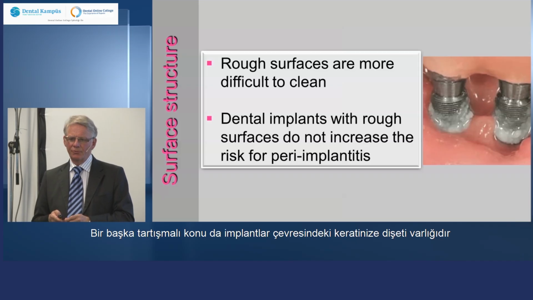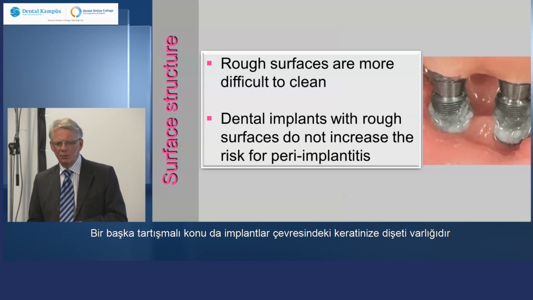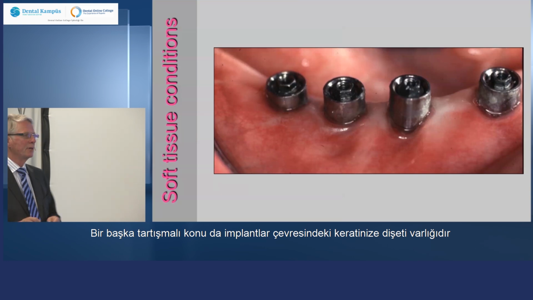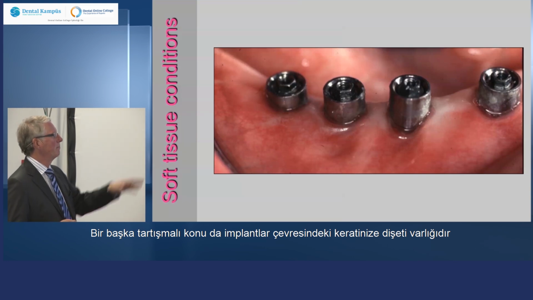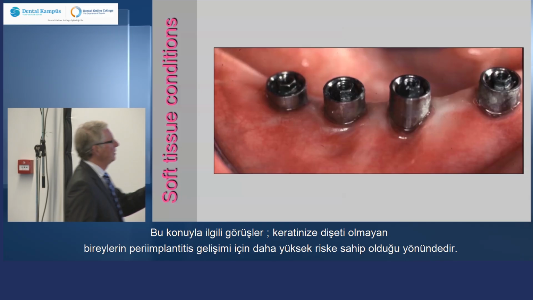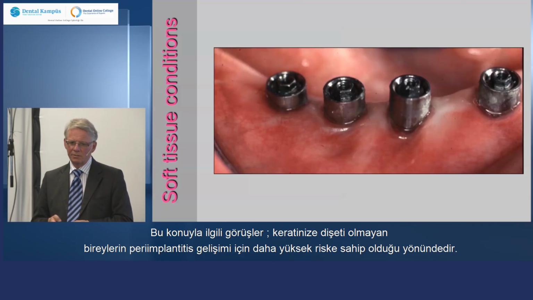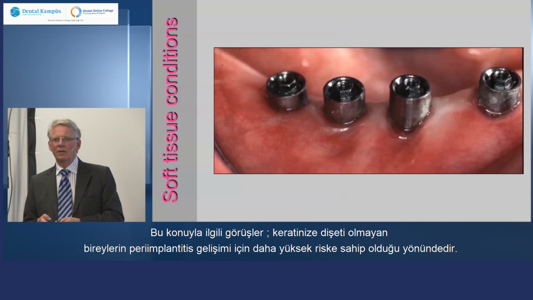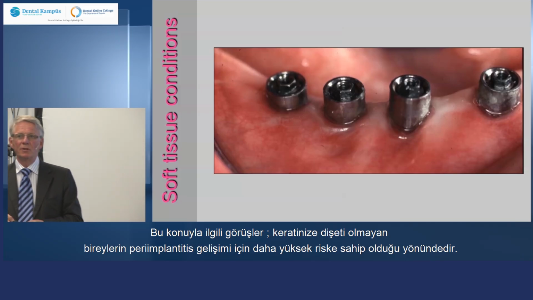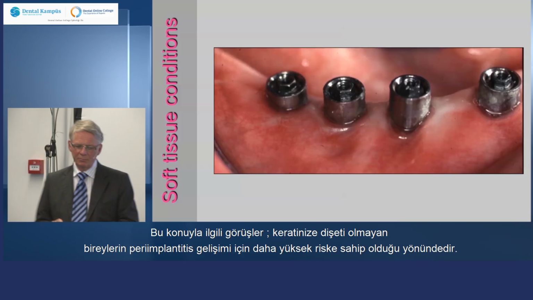Another controversial thing is the presence of keratinized gingiva around implants. What are really the implications for that? Are individuals with no keratinized gingiva at higher risk for development of periimplantitis?